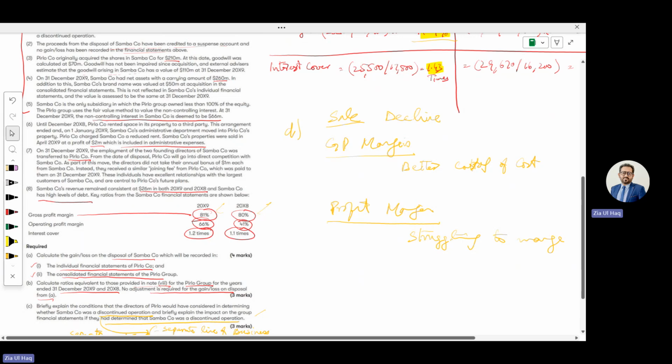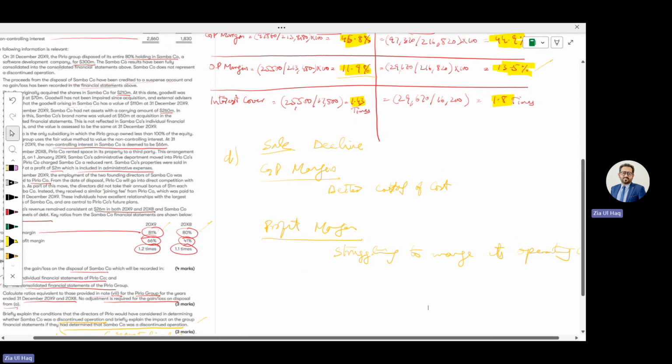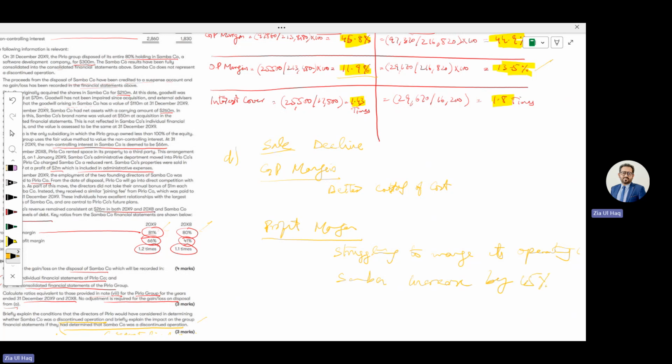If we look at Samba operating profit margin, that was 41% to 66%. This means Samba operating profit margin has increased by 15%. So Samba operating profit increased by 15%, while overall Pirlo Group operating profit margin has decreased.